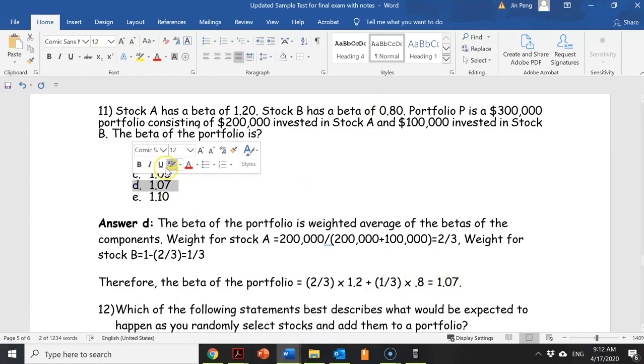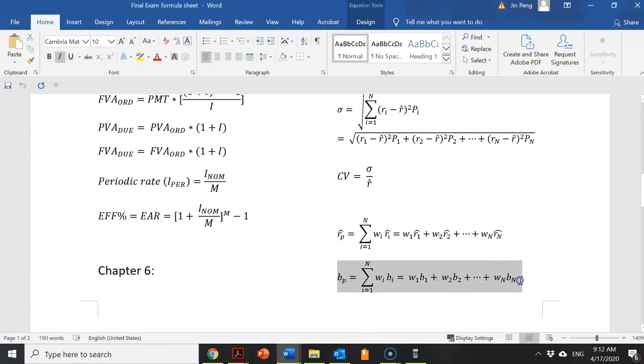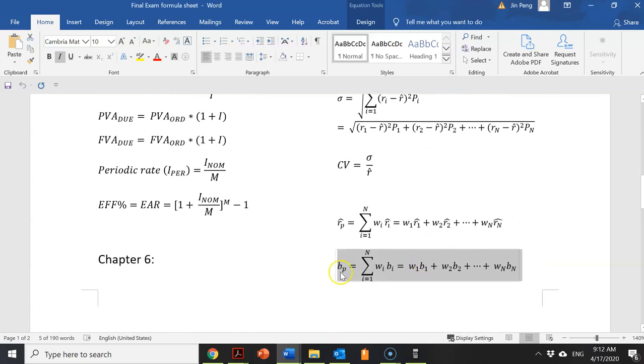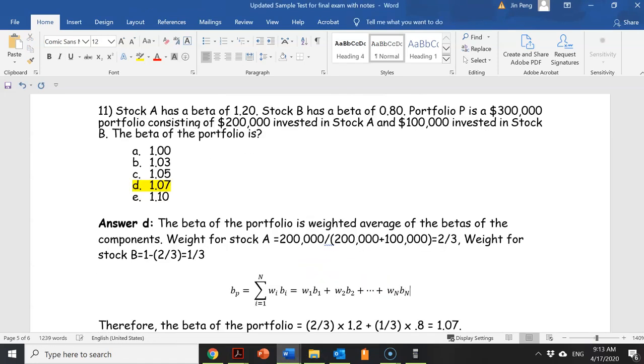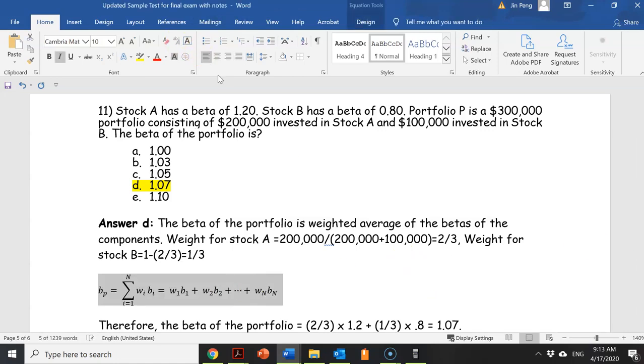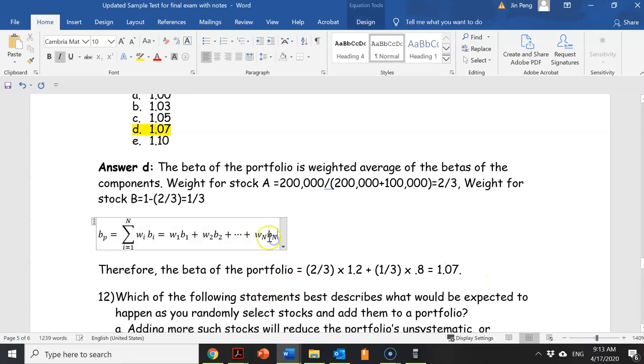If you want to know the formula, it is here, also in the chapter 8 formula sheet. The beta of the portfolio is the weighted average beta in the portfolio. Again, here we only have two stocks in the portfolio, so we only have two items, W1B1 plus W2B2.